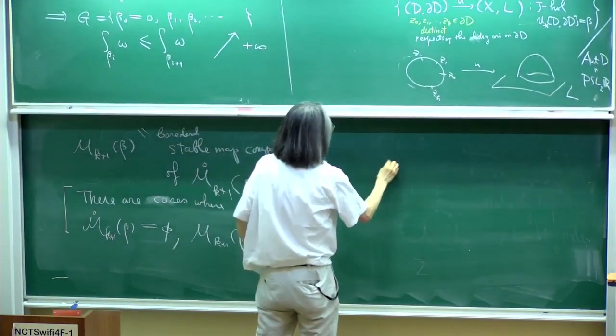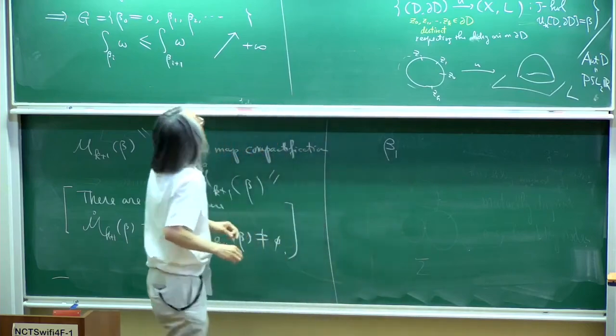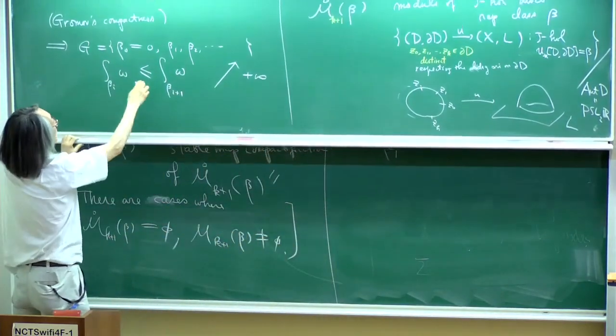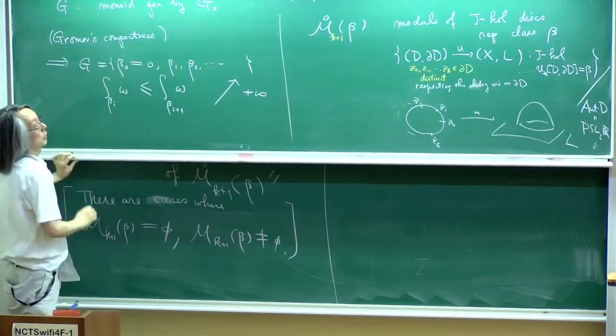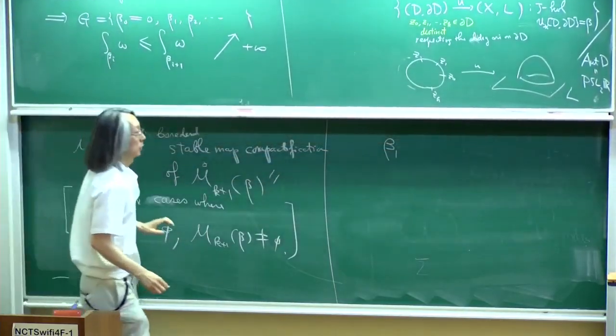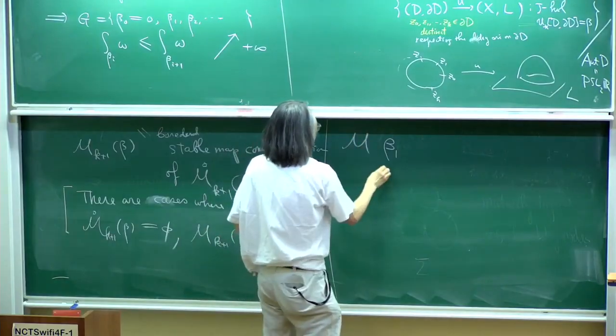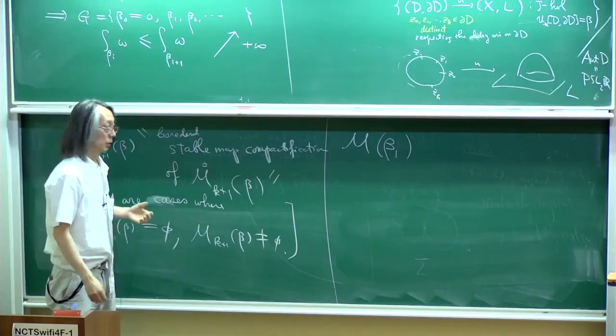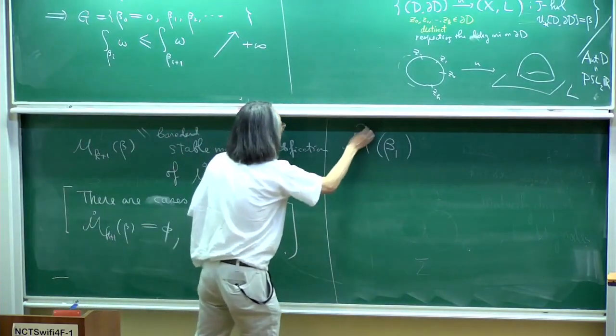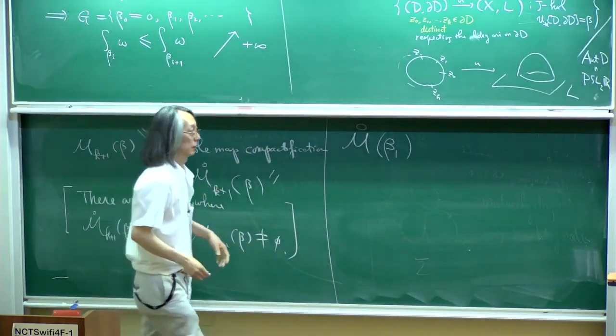Okay. So now first I consider β_1. So β_1 is the class with smallest area among those represented by holomorphic disks. So therefore, if you consider this M(β_1), this one is already compact, right?